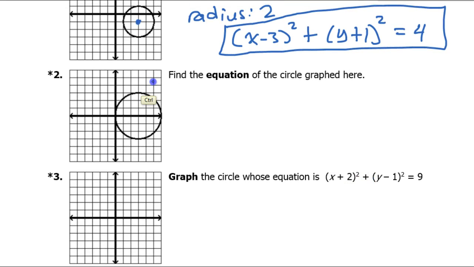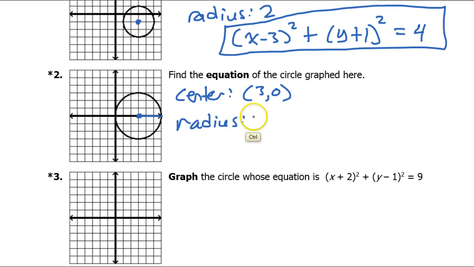All right, looking at problem number 2. Find the equation of this one. Well, the center is right here where I just put that dot. So the center, I can see, is the point 3 comma 0. The radius, which is just the distance out to the edge of the circle, is 3.